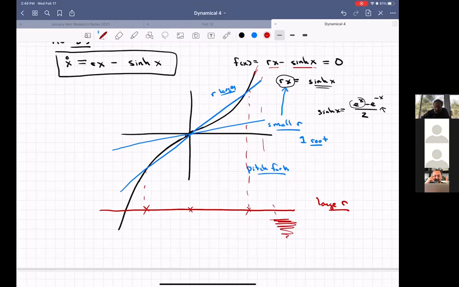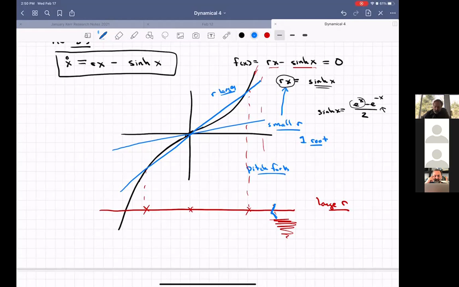So I've got Rx, that's the blue line, minus the black line. The black line is bigger than the blue line. So when I subtract the black line from the blue line, I get a negative number. So out here, the flow is that way.